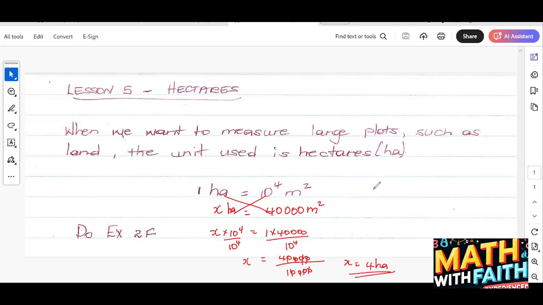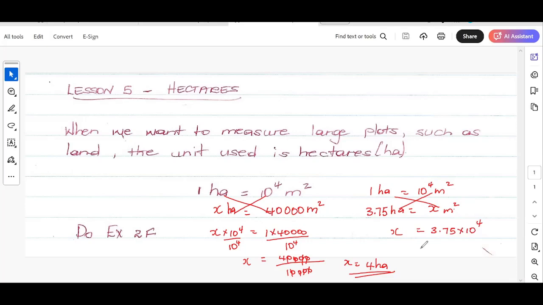Similarly, let's use a strange number. So again, I'm putting this down. 1 hectare is 10 to the 4 meters squared. Say we have 3.75 hectares, and we want to know how many meters squared 3.75 hectares is. So now X, that's X meters squared. Again, we cross multiply. We have X by 1, which is X, multiplied by 3.75 by 10 to the 4.